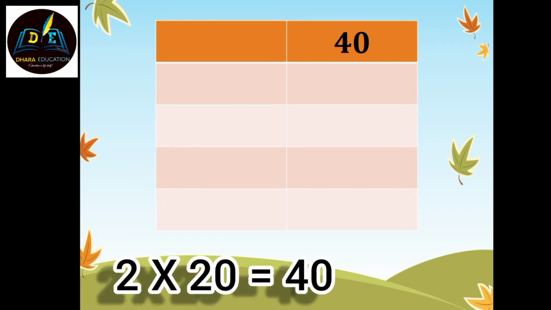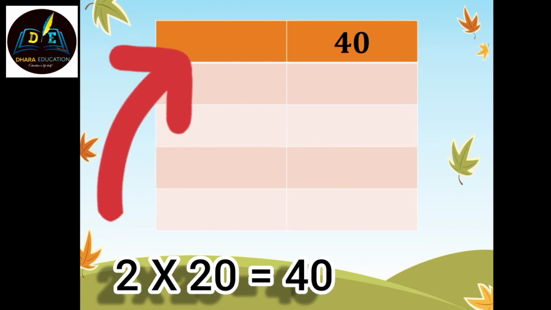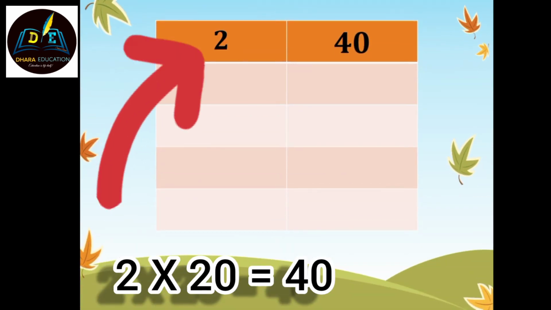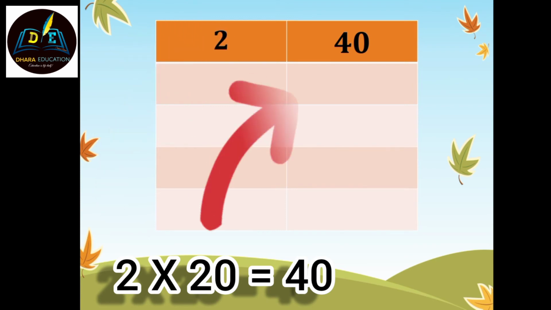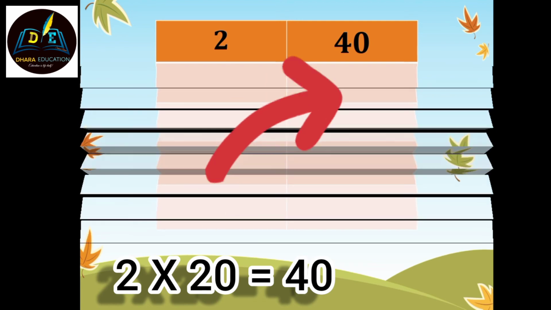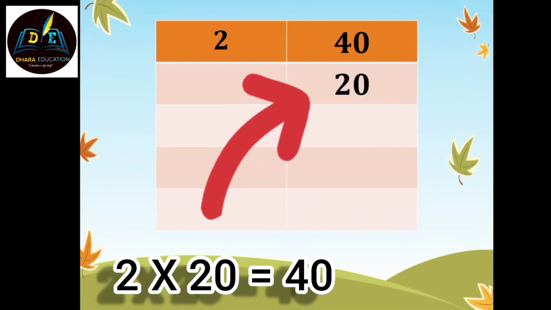Then 40 comes in which table? 40 comes in the table of the even number 2. 2 20s are 40. So the table of 2 we write on the left hand side. See students, here like this. And 20, how much is 40? 2 20s are 40. So 20 we write below 40.